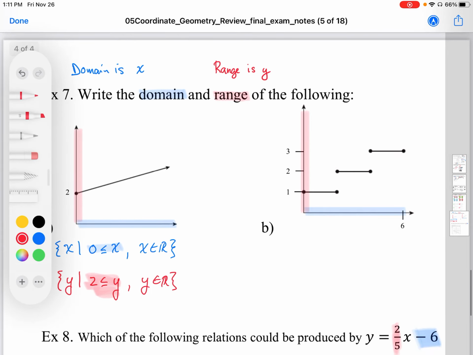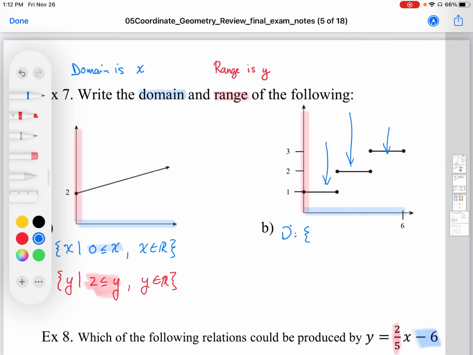So looking at the other one here, for x's, we can see that the domain is going to take on values of x, and it is continuous because if we look at casting a shadow down this way onto the x-axis, it will cast a shadow all the way from 0 up to 6 with no gaps. So that's going to be my domain then.